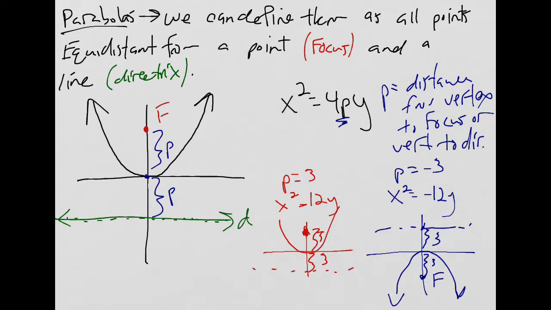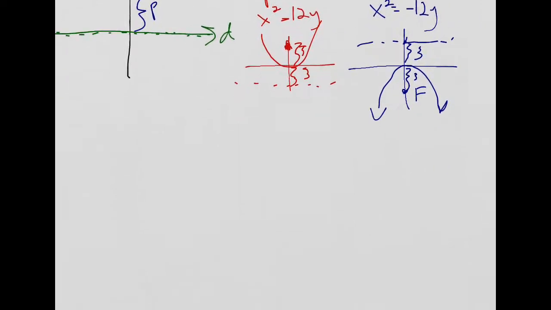Real quickly before I move on, I did say a moment ago that this is an x squared equation, so it opens either up or down. If I have an equation like y squared equals 20x, then I want to figure out what my p-value is.